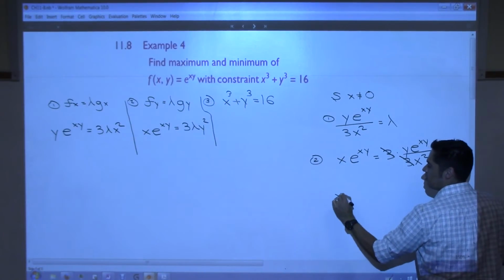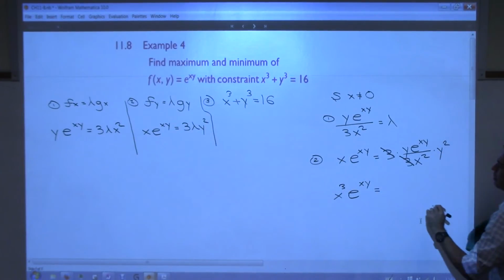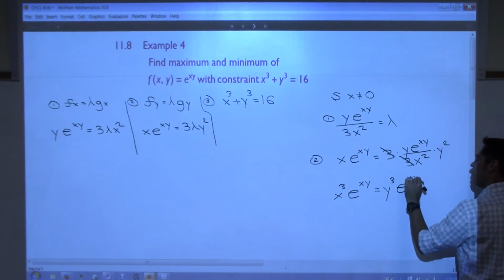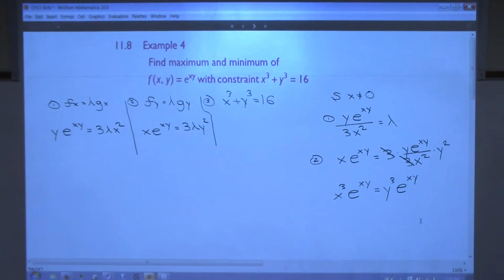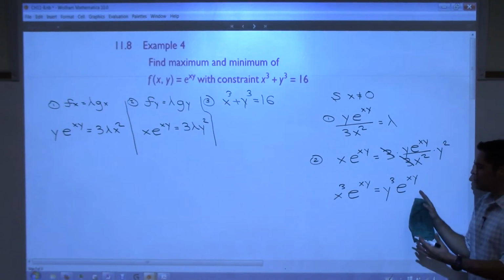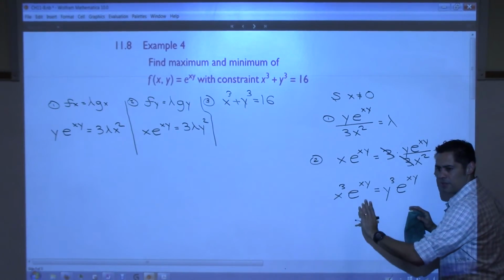But x isn't 0, so this becomes x cubed e to the xy equals, what's over here? y cubed e to the xy. Now what? You can divide out e to the xy now. I just told you, don't ever do that with a variable, but we all know that e to any power can never be 0, right?